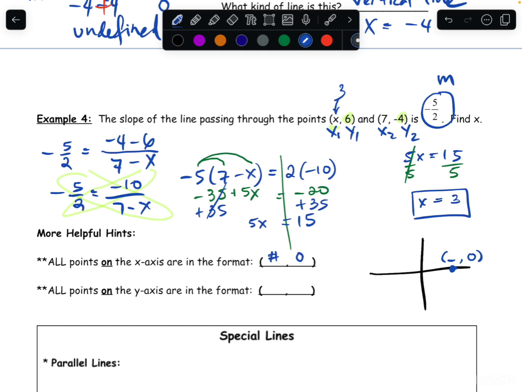Now all points on the y-axis are in the format. So if I have some point up here or anywhere on the y-axis, I know my x is going to be 0 and my y is going to be some number. Okay? So that's what this is, 0 and some number.